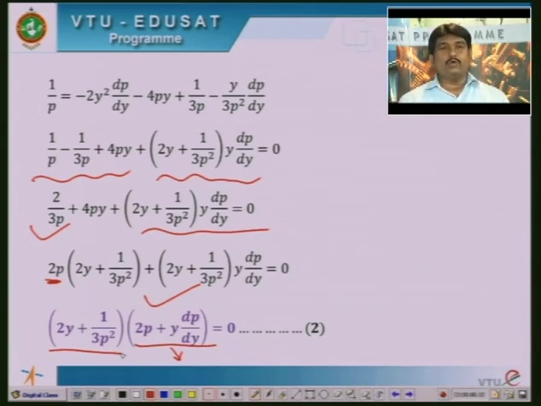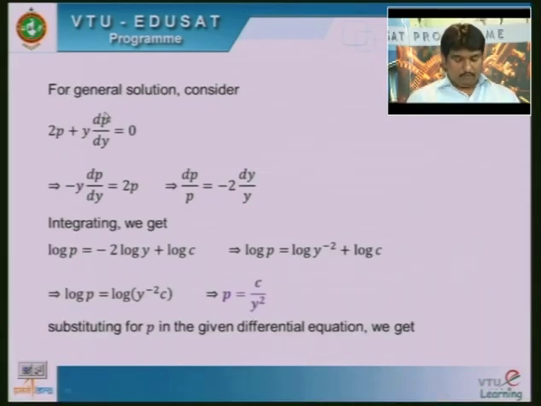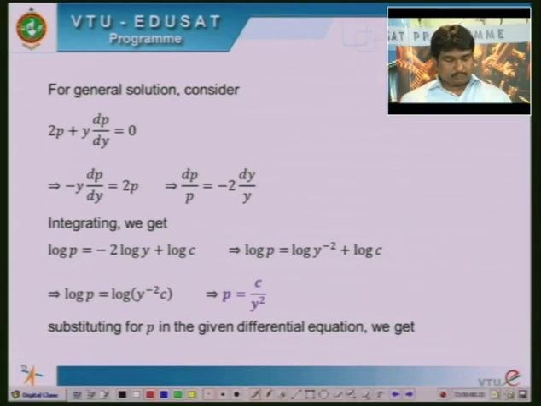That means you are getting a singular solution from 2y + 1/3p² = 0. Now if the problem asks for the general solution, you ignore this factor and just consider 2p + y dp/dy = 0. For the general solution, consider 2p + y dp/dy = 0.